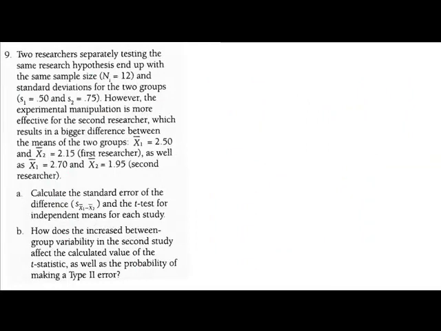Question 9. Two researchers separately testing the same hypothesis end up with the same sample size and standard deviations for the two groups. However, the experimental manipulation is more effective for the second researcher, which results in a bigger difference between the means of the two groups. Calculate the standard error of the difference.